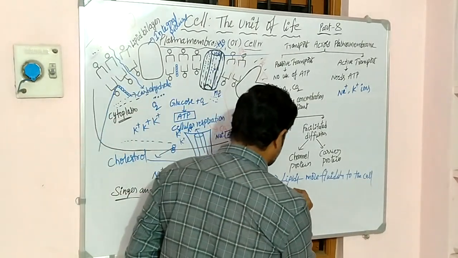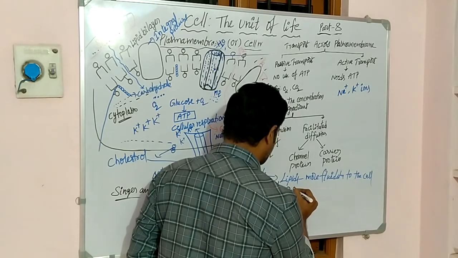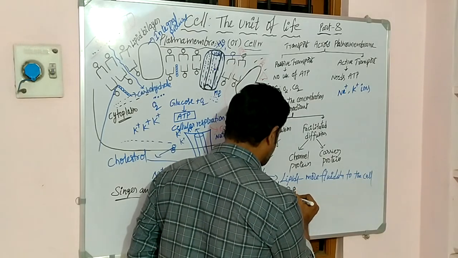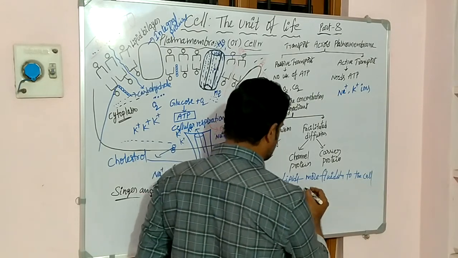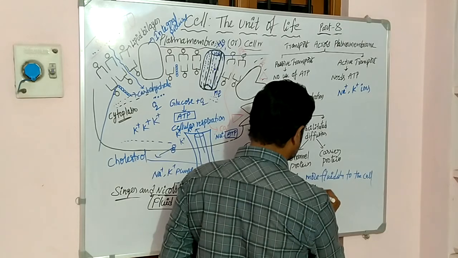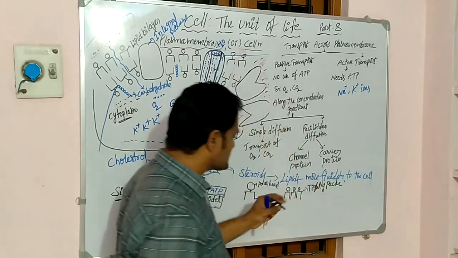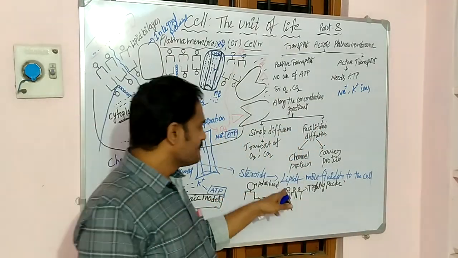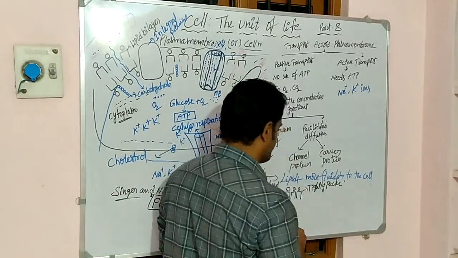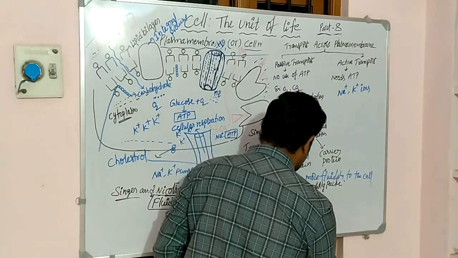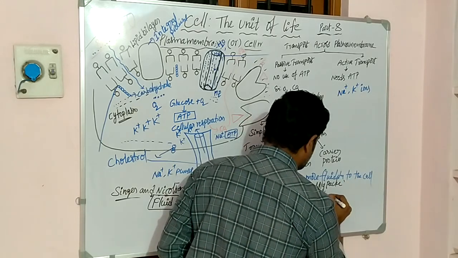Some of them are tightly packed. I will draw here some lipid molecules arranged on the plasma membrane as tightly packed. These tightly packed lipids have less fluidity. Remember this: this type of lipids has less fluidity.